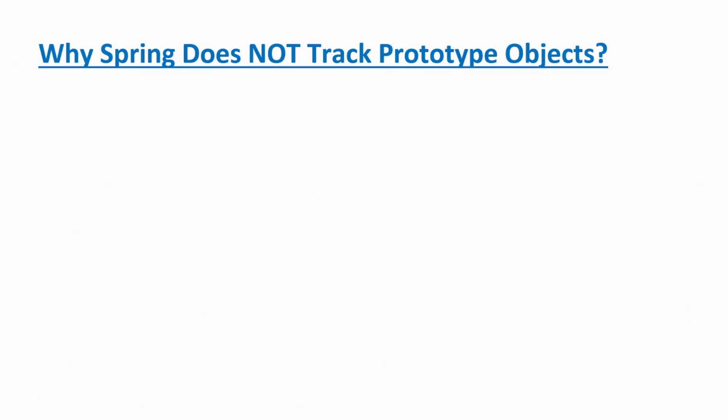Now you will be thinking, why does Spring not track the prototype object? Typically Spring should track the prototype object and store it in the Spring context. But why does it not?